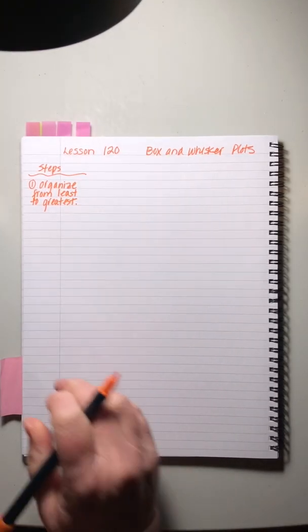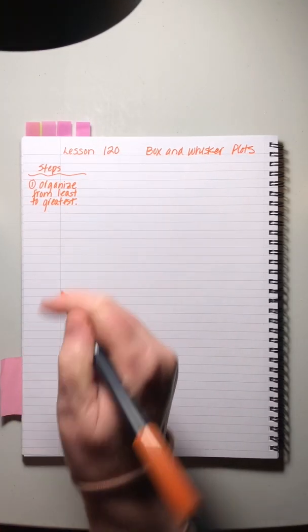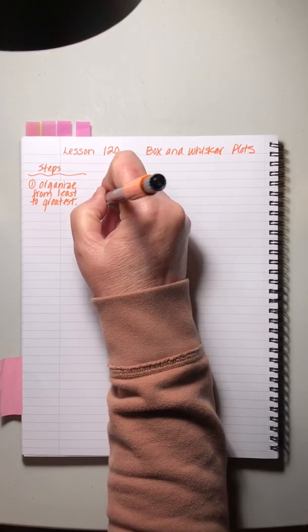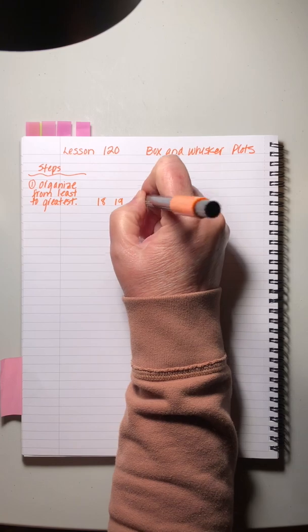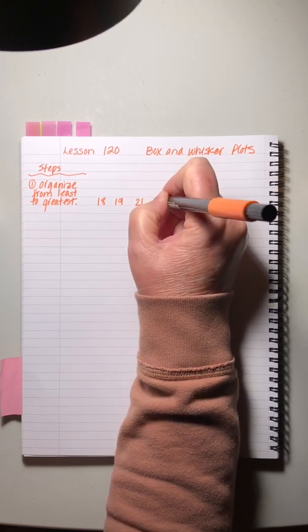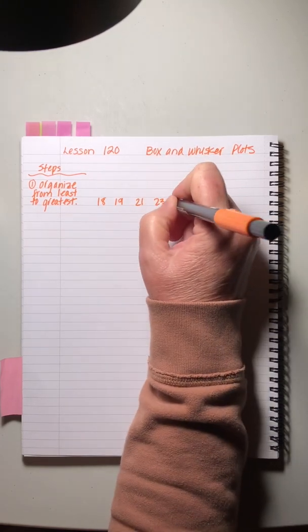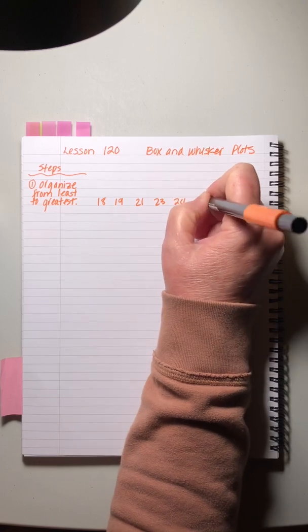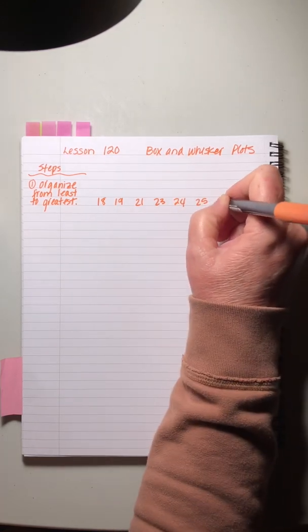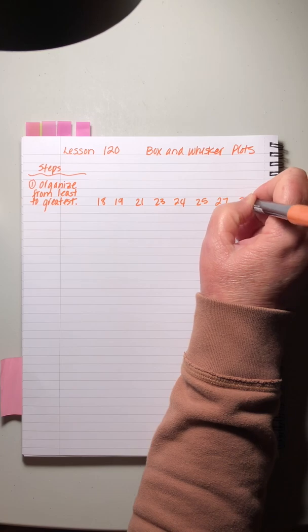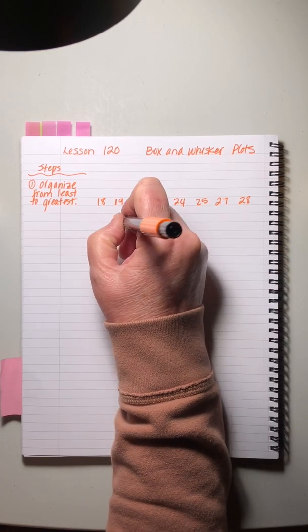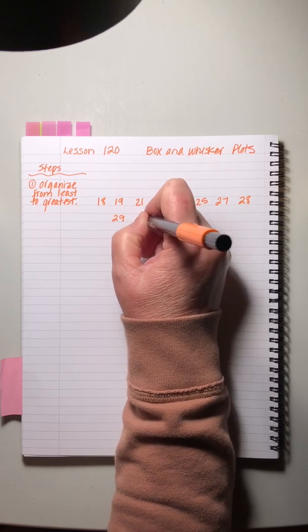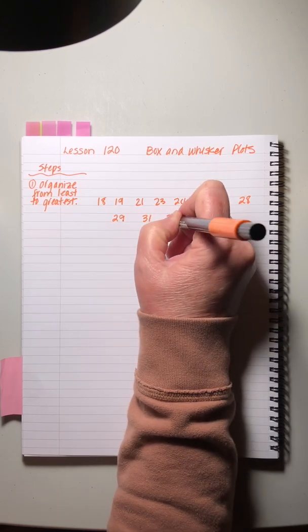But you know what? I'm just going to give it to you because I don't want to waste a bunch of time. I'm pretending like we're doing it cooperatively. 8, 19, 21, 23, 24, 25. Oh, I'm going to run out of space, which is super, super sad. 28, 29, 31, 33.